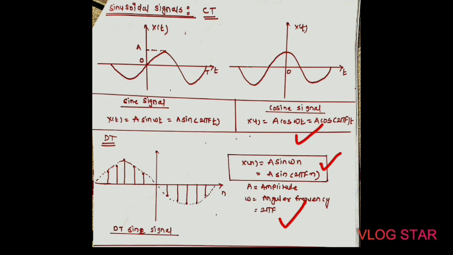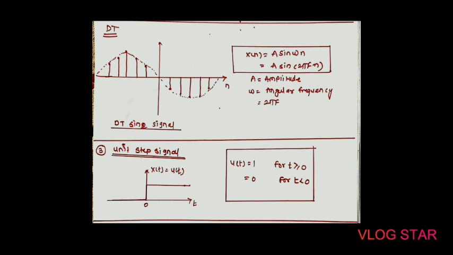Similarly, the discrete time cosine wave is expressed as x(n) = A cos(ωn) or A cos(2πfn). To describe the cosine signal, here we are using just cos(ωn) instead of sin(ωn). Next type of signal is the unit step signal.